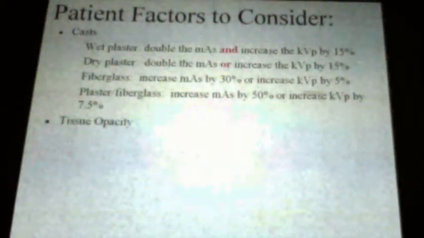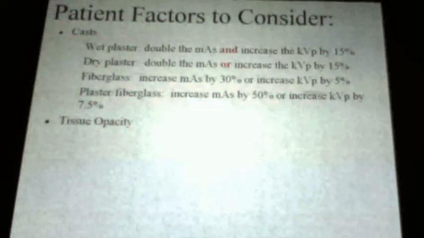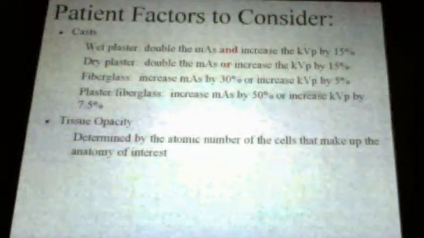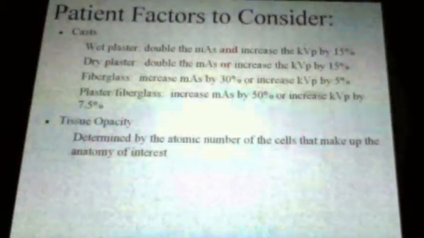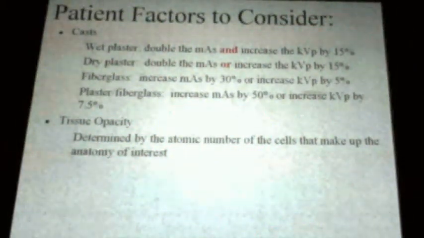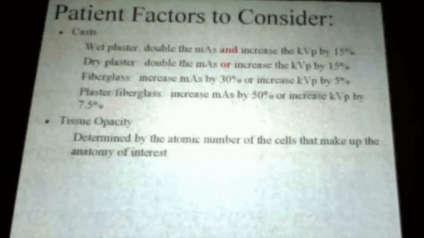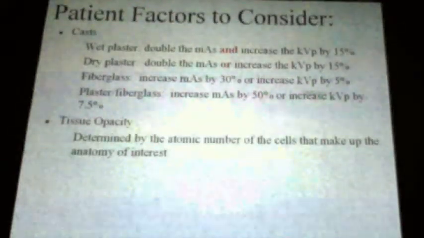Okay, this next section is on tissue opacity. So what we are taking a look at is the elements that make up the different structures in the patient's body. We are looking at the elements, the atomic number of those elements.